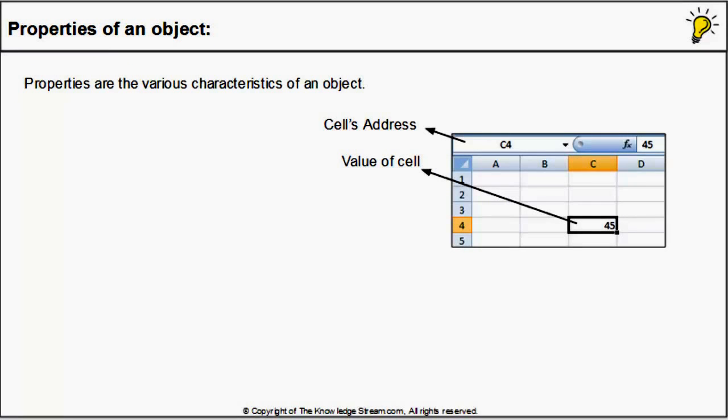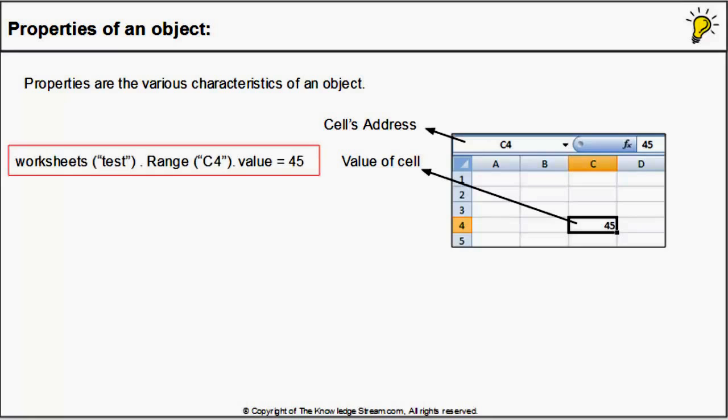Some of the other important properties are the value of a cell. You can assign a value to a cell in Visual Basic by typing the address of the cell followed by dot value and the is equal to sign. Specify the value you want to assign after the is equal to sign.